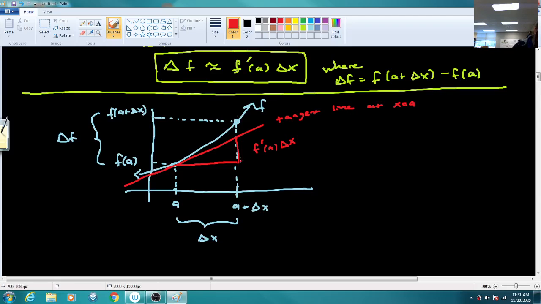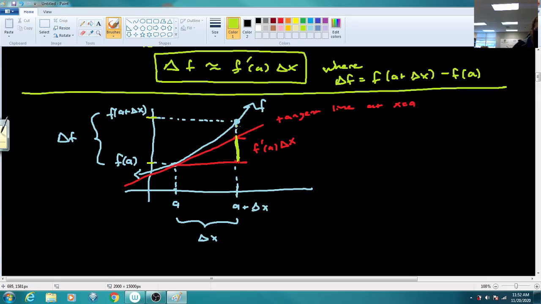That would be from here up to here. So we're using, let's see, choose a different color, this little green line here to estimate the distance from here up to here.